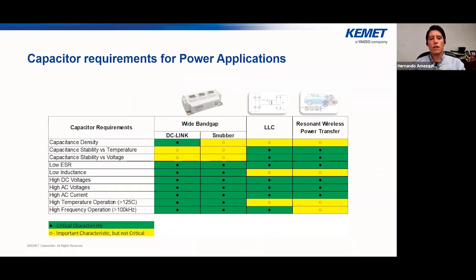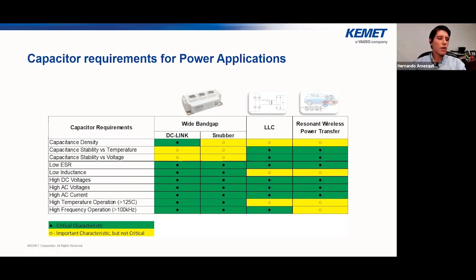We're not going to go through this in detail, but you can see two different colors in the table. The green marks what we call critical characteristics, and in yellow we have characteristics that are important, but not critical.